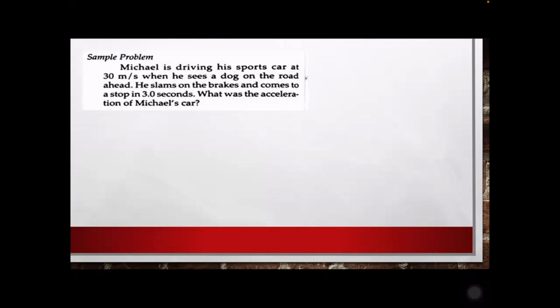So, slam on brake and comes to stop in 3 seconds. So, what is the acceleration of Michael's car? So, from the word itself, acceleration means accelerate, yun yung pataas. Tapos kapag naman pababa is decelerate. Deceleration.